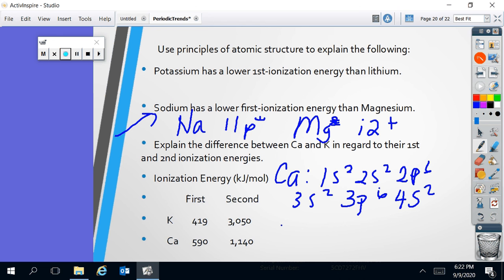If you write it out for potassium, it would be 1s2, 2s2, 2p6, 3s2, 3p6, 4s1.